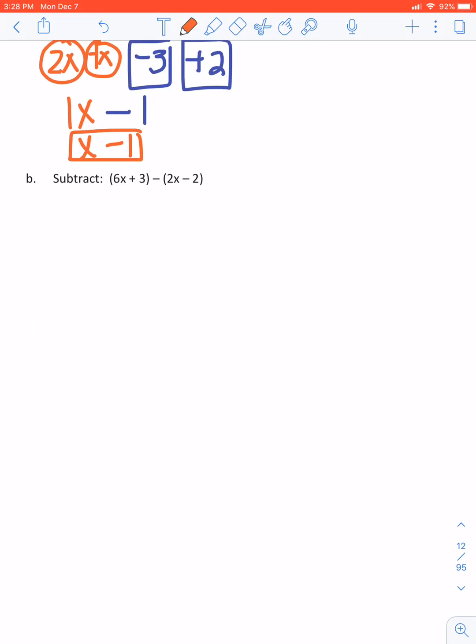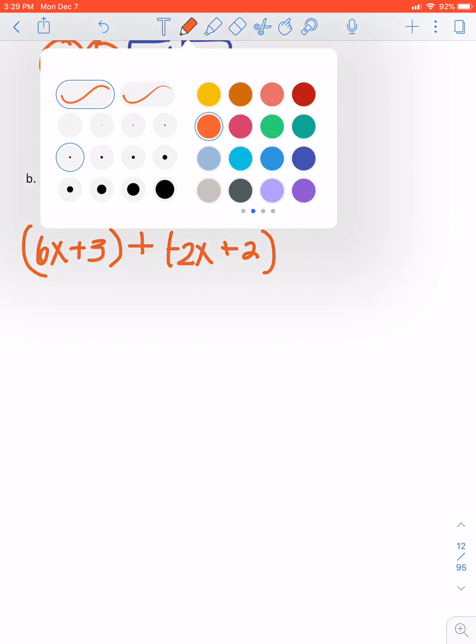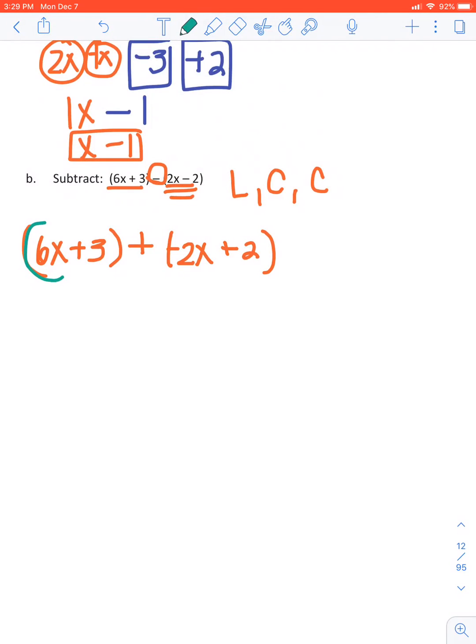All right, last one. We are going to subtract. Again, remember, our rules are leave, change, change it all. So let's leave 6x plus 3. Change subtraction to addition. Change it all. So 2x becomes negative 2x. Minus 2 becomes plus 2. All right, I'm going to circle 6x and negative 2x.